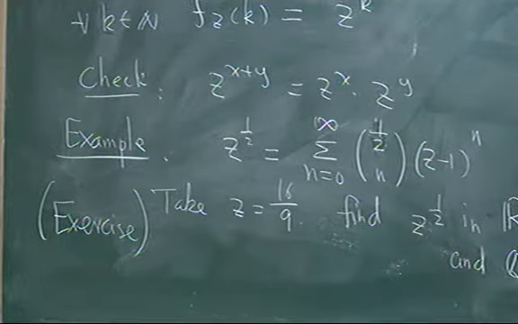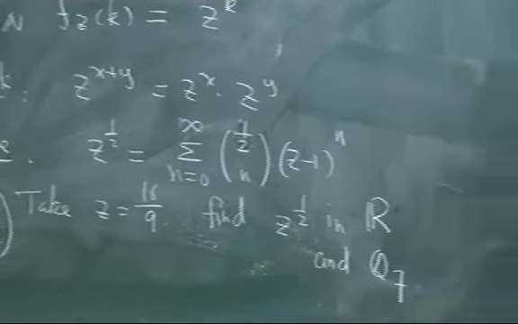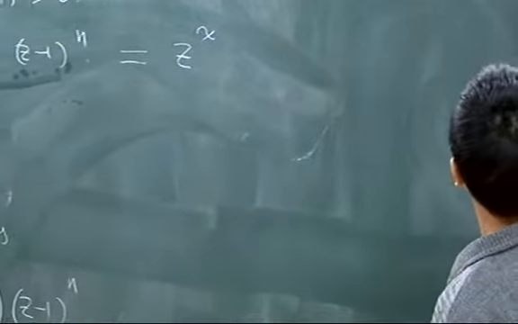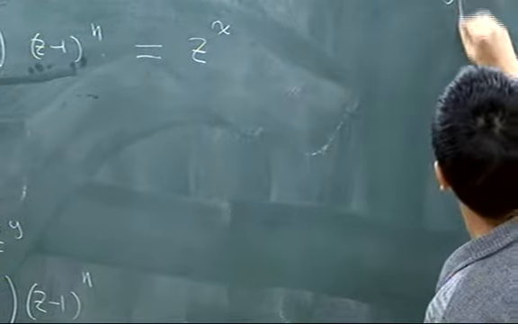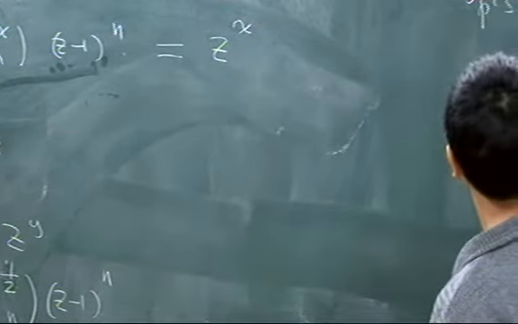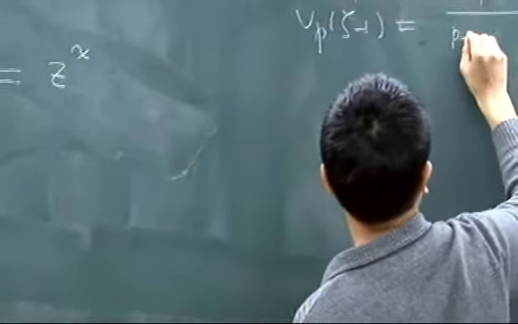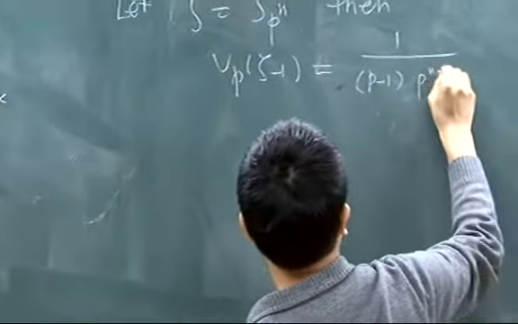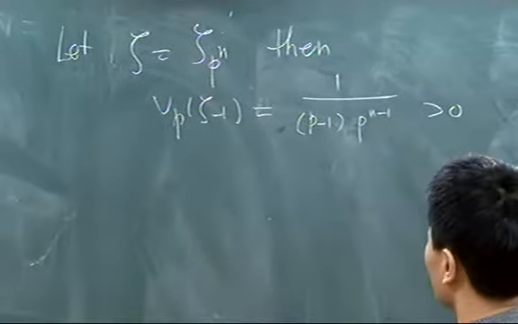Now what we need is, let zeta be a primitive p^n-th root of unity. Then we know v_p of (zeta minus 1) is 1 over p minus 1, times p to the n minus 1, which is bigger than 0.